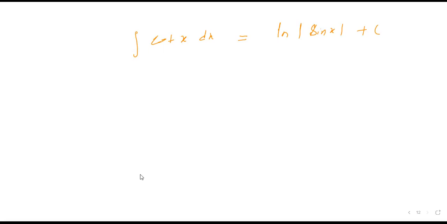Today's final question is quite a simple example because I want to boost your confidence. You have to integrate dx upon 3 sin x plus 4 cos x, and you have 10 seconds to write its answer.